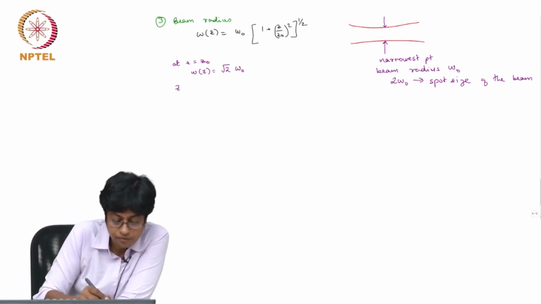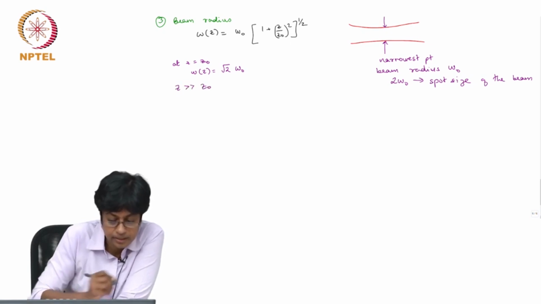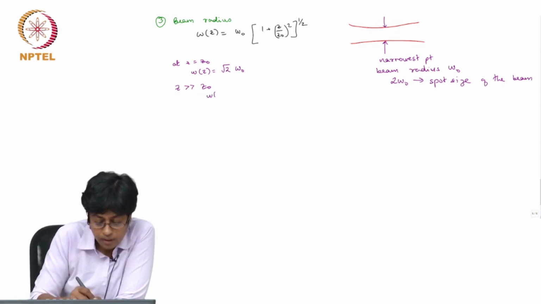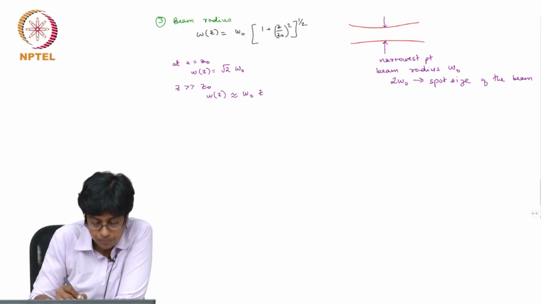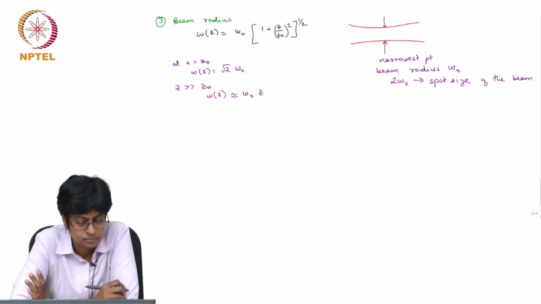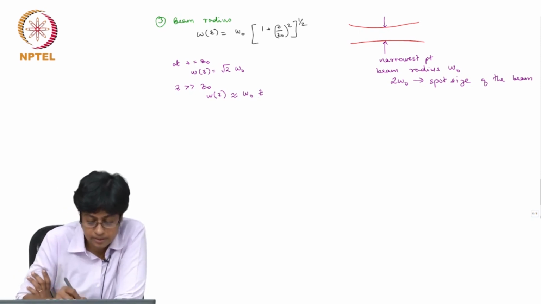And for z very much greater than z naught, I can neglect the 1. So I will have omega of z is equal to omega naught times z by z naught.